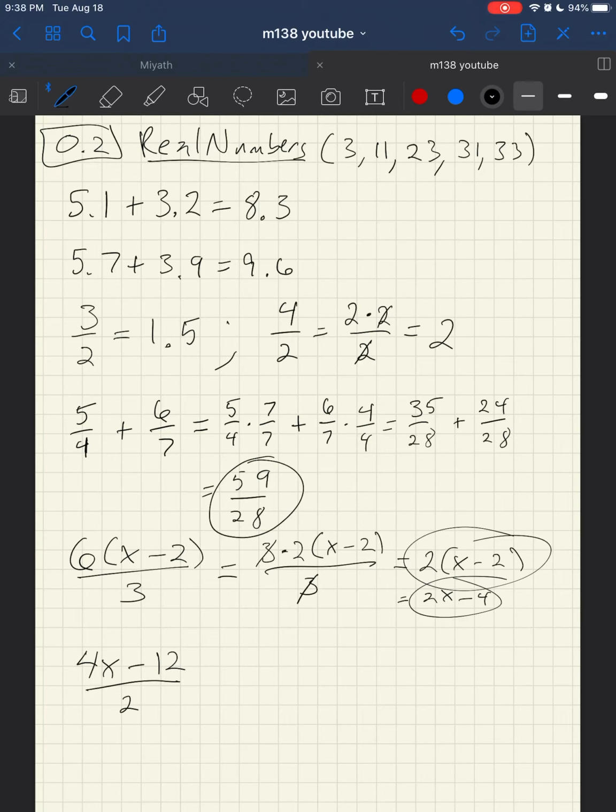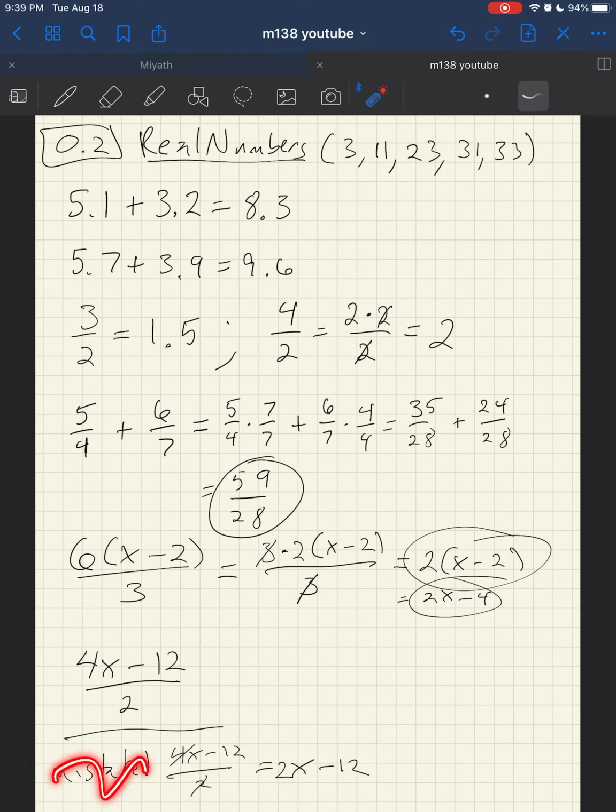I'm just going to come down here to the mistake area. This is a common mistake. People are going to say, oh, 4x minus 12, I can divide that 4 by 2, and I can divide this by 2, and I'll get 2x minus 12 or something like that. And this is a very bad, no, please do not do that.